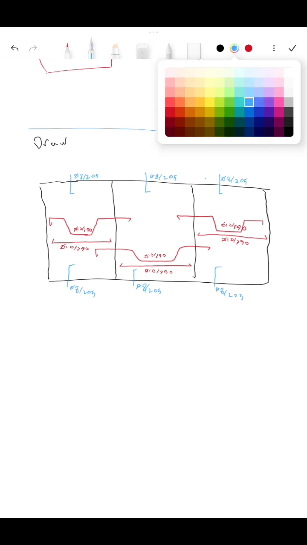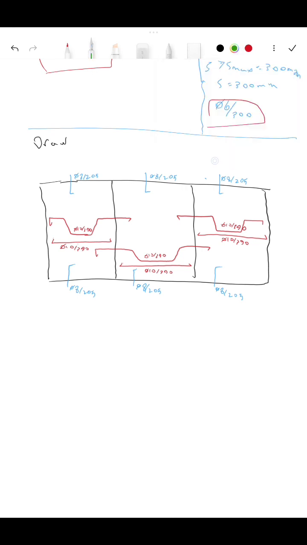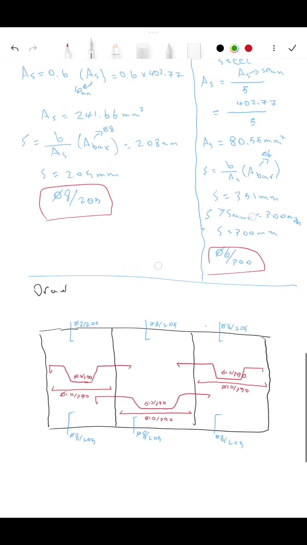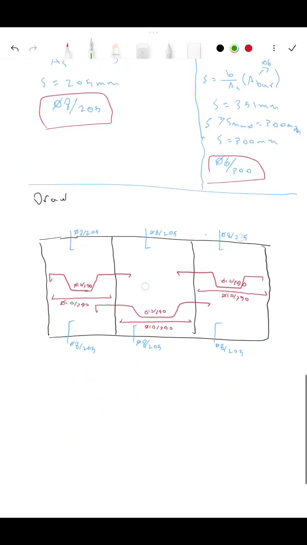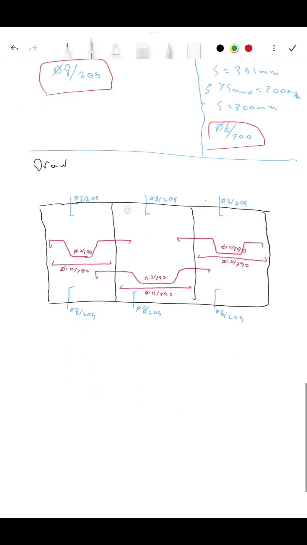The last one we have here is the temperature steel, which is phi 6 divided by 300.